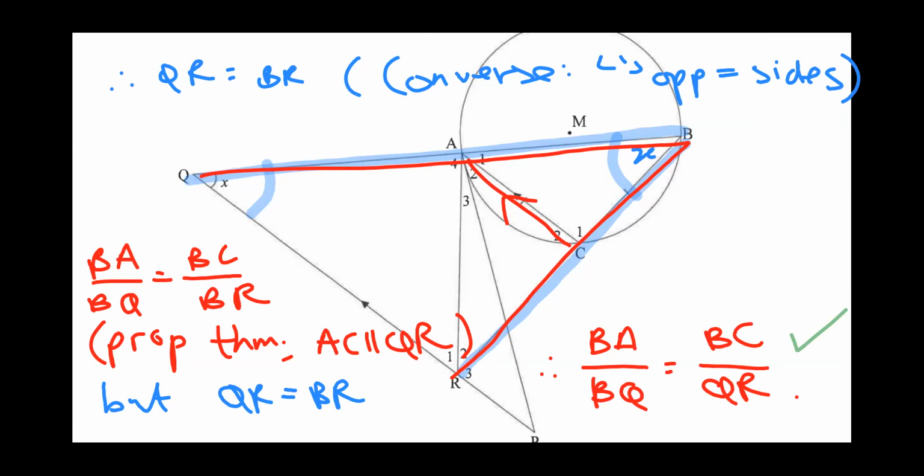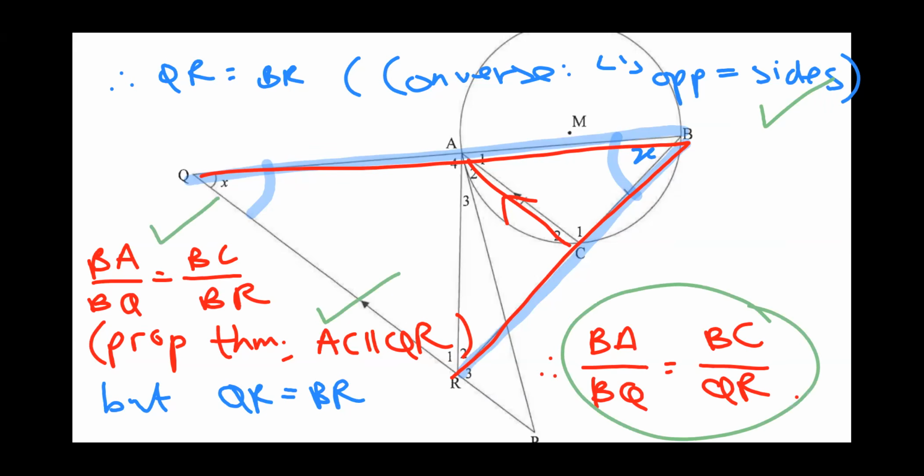Okay, so where do you get marks? First of all, you get marks for this converse theorem, then a mark for the proportion, and then also for the reason of the proportional theorem. So that's the 3 marks you get. Obviously, you won't get the mark for this final answer because that part was given.